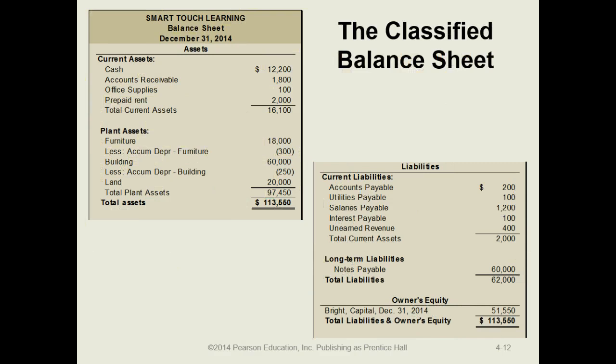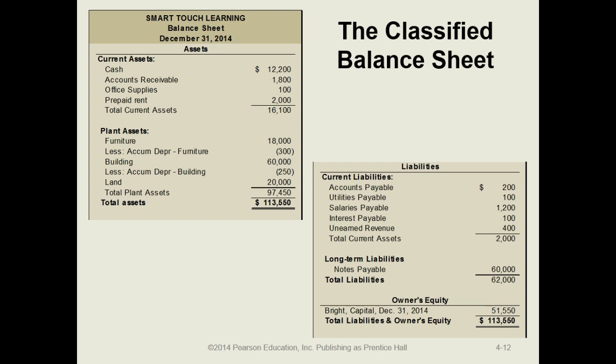We also can prepare what's called a classified balance sheet, where we list the assets and liabilities by their liquidity. Liquidity is a concept that basically says how quickly can you convert the asset into cash. From the liability standpoint, how quickly must the liability be paid off.